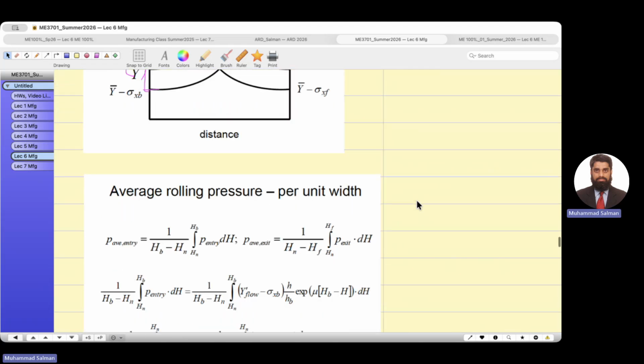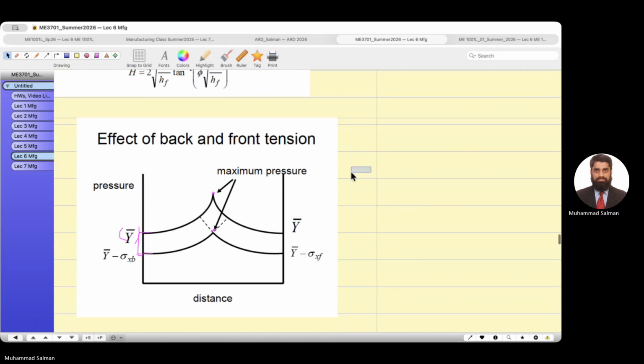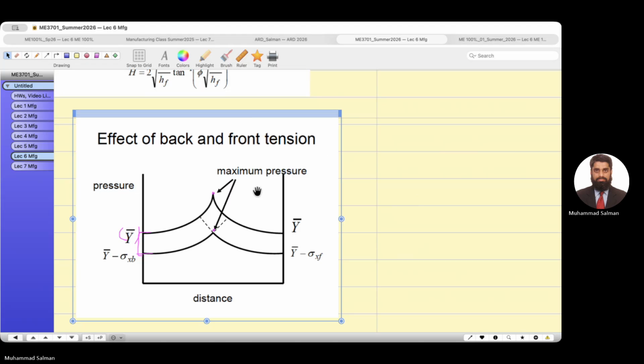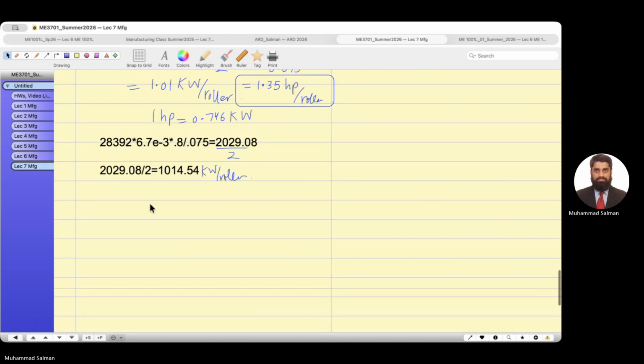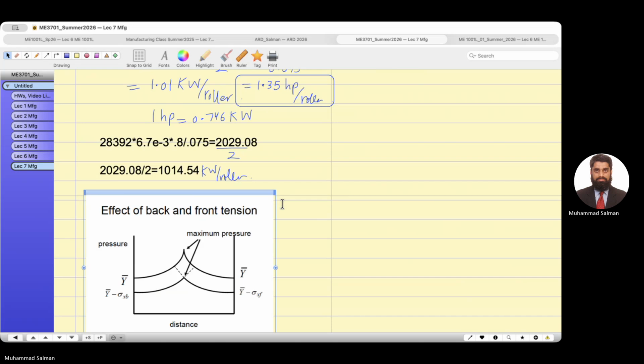The pressure looks like this. Remember, in the middle you have a maximum pressure, and at the extreme ends you have the smallest pressure.